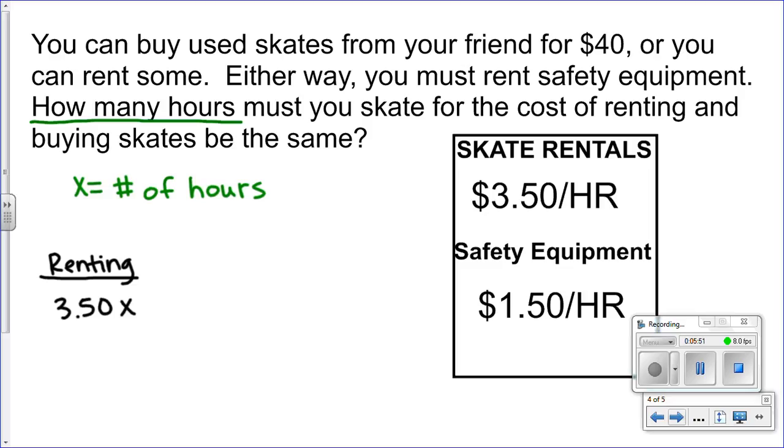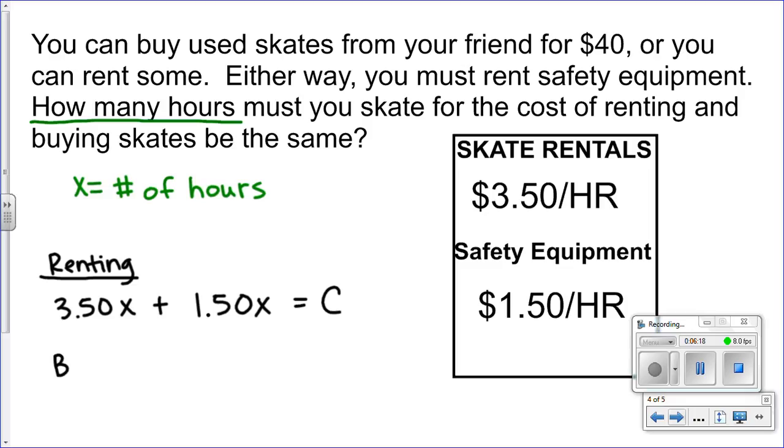And you have to also rent safety equipment. No matter what, you have to rent safety equipment. So if you're renting skates, it's 3.50x plus $1.50. It's per hour as well, so this also has an x. And that equals my cost.